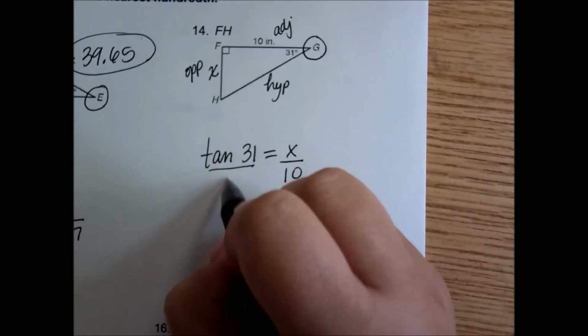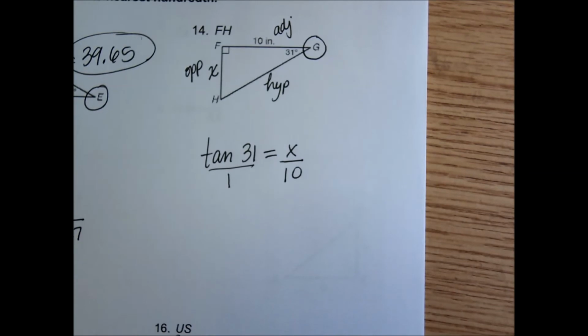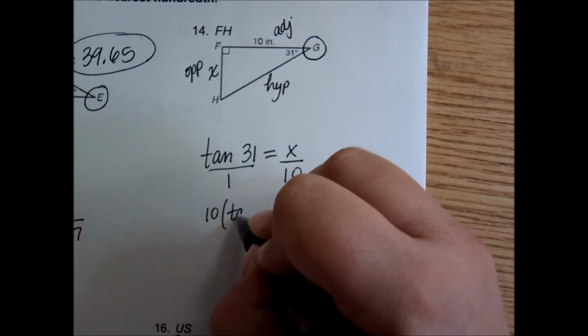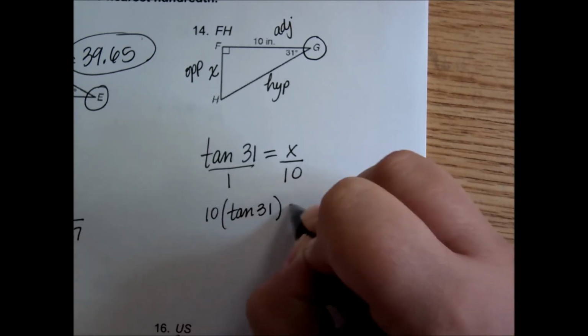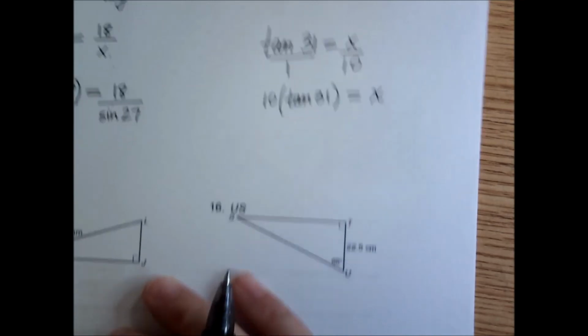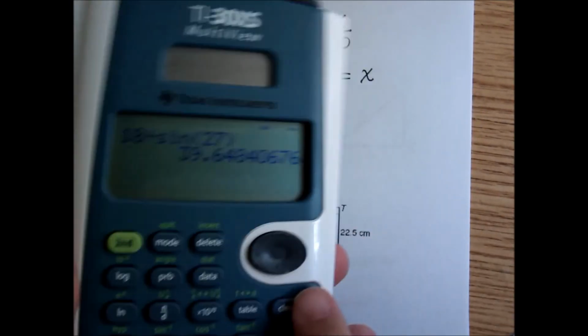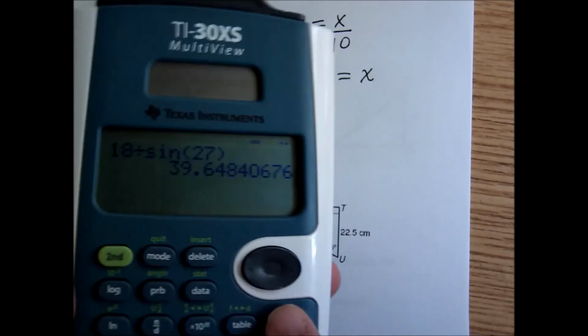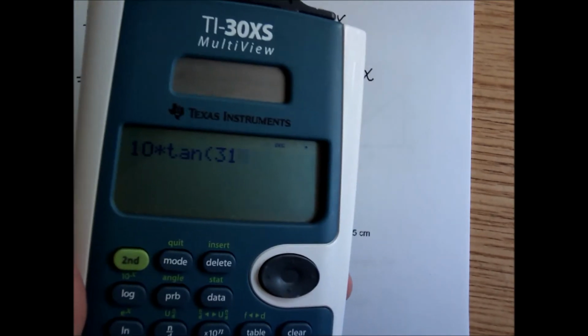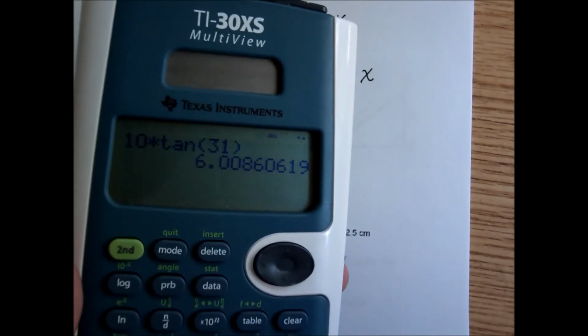Put this over 1, and now I'm going to cross multiply. 10 times tan 31 equals x times 1. Is x alone? Yes, it is. So this time I'm already ready to put it in my calculator. 10 times tan 31. It doesn't matter if you do it in the opposite order. Tan 31 times 10. Just be careful.